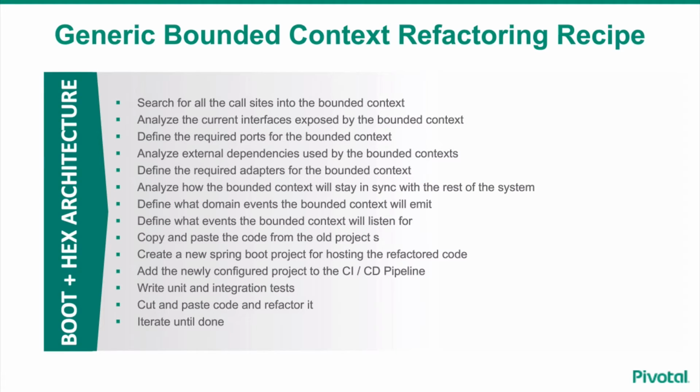Once you identify the coupling, you have a clear understanding of the purpose, and of what events are emitted by the bounded context and are received by the bounded context. You then proceed to create an API fence around it, and start pulling out the bounded context into its own application.